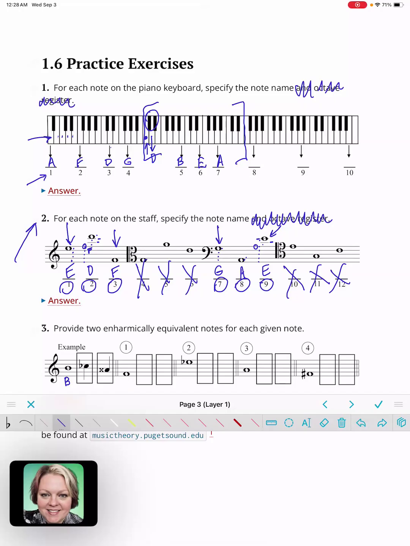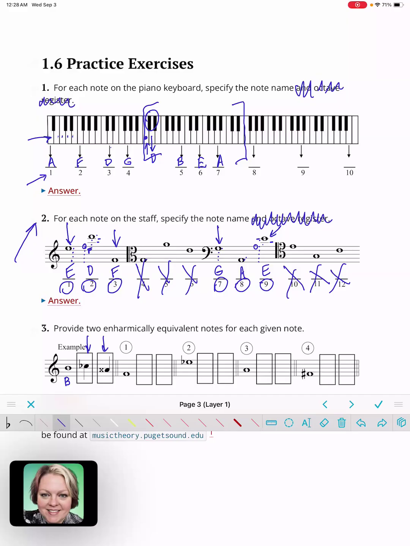Now, the next 2 notes that you see here in these boxes are the enharmonic equivalents. That means the other possible note names for them. And then they also ask you to draw them as well. In this case, they wrote the kinds of notes that are colored in and have the little stems on them. I would just stick with the hollow notes because they're faster to write, if that were me.